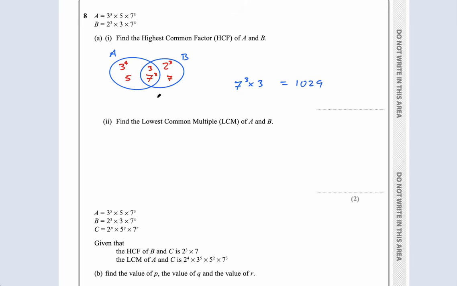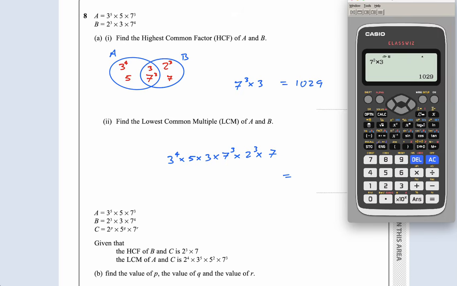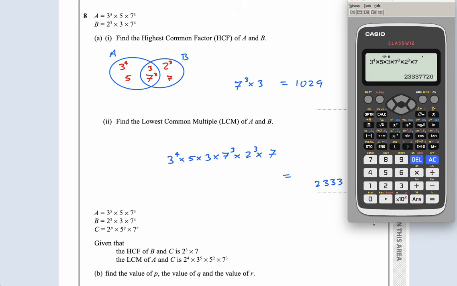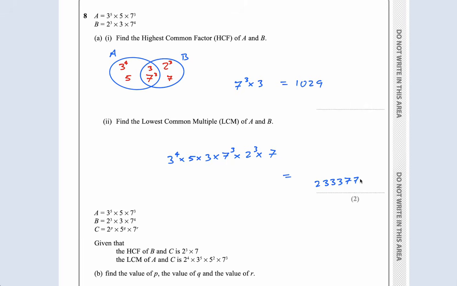And the lowest common multiple, we multiply all of these out. So it's 3 to the 4 times 5 times 3 times 7 to the 3 times 2 to the 3 times 7, and that equals 2,333,7720.